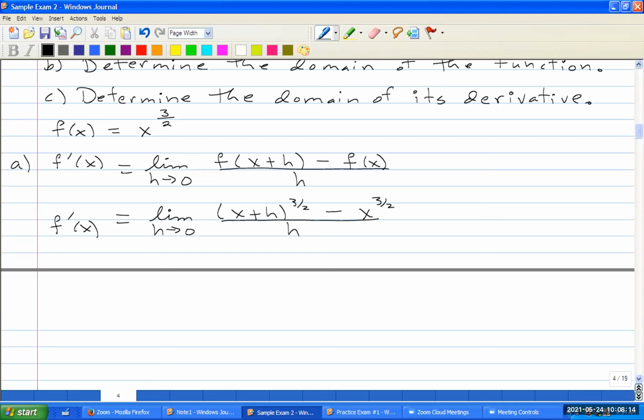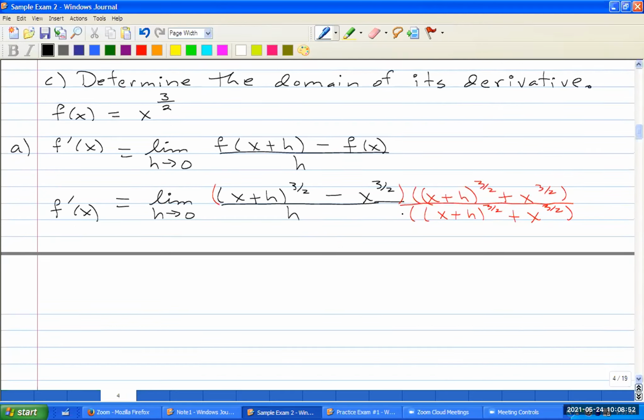Okay, so let me try to get rid of the square roots. So let me multiply by its conjugate, the conjugate of the numerator. So let's do that. And so x plus h to the 3/2 plus x to the 3/2 all divided by x plus h to the 3/2 plus x to the 3/2. Okay.